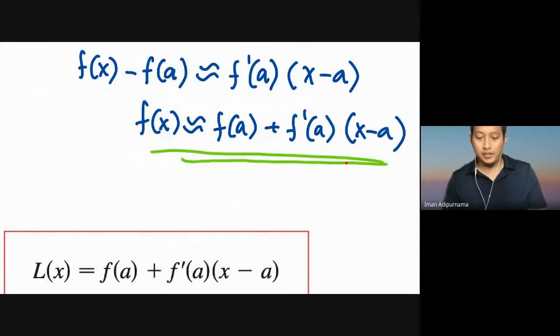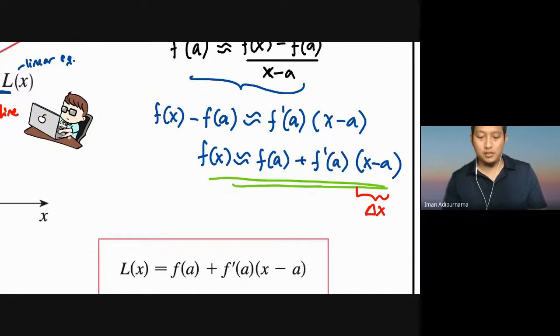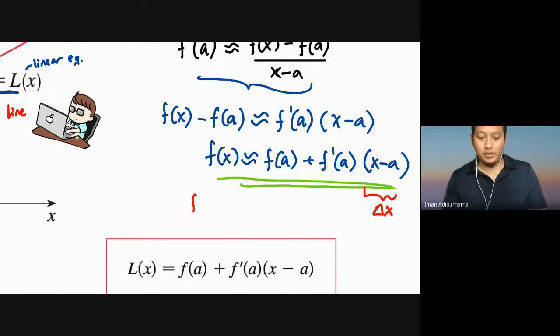So this is the delta x. We have f of 4.1, which is f of 4 plus f prime of 4 multiplied by the delta, and it becomes easier to calculate, right?